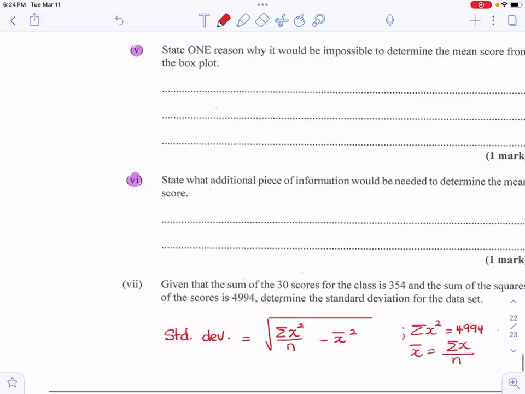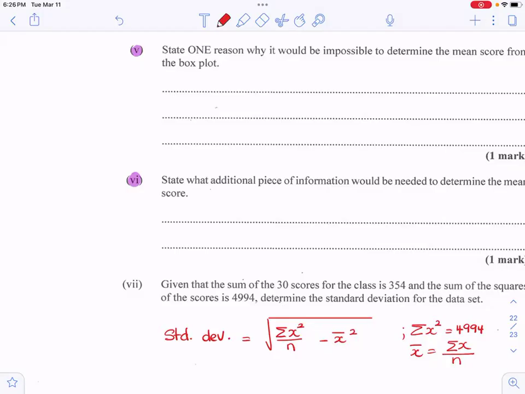Almost finished. No problem. Finish, miss. All right, Shazad, are you finished?